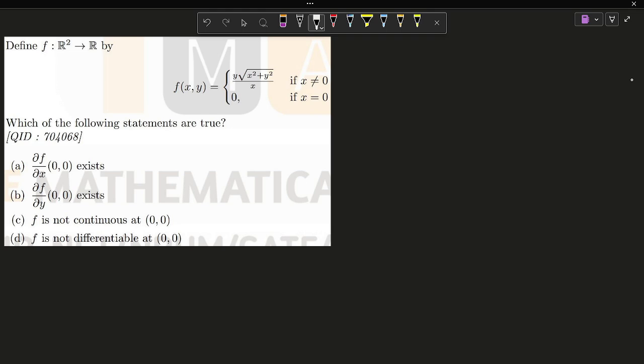We are solving the CSIR NET 2024 questions. This question is from multivariate calculus.